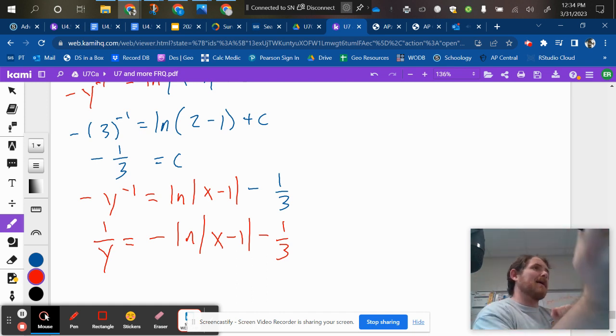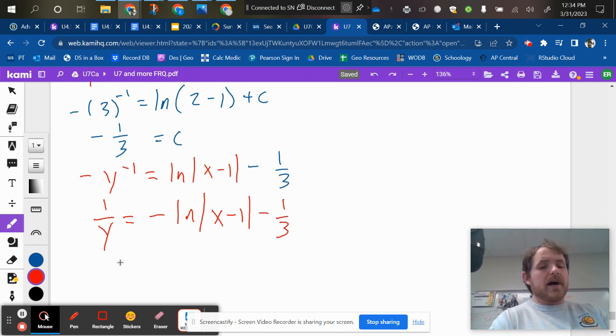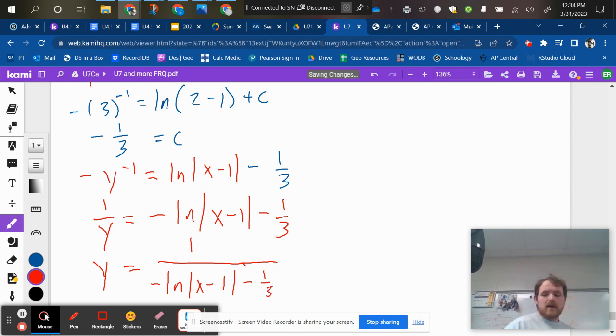Or you can multiply by y on both sides and then divide by all of this junk. What would you guys rather do? Would you rather just flip both fractions? I would rather just do that so that it just becomes y over 1 or just y equals 1 over negative natural log x minus 1 minus 1/3. That was worth the 5th point.